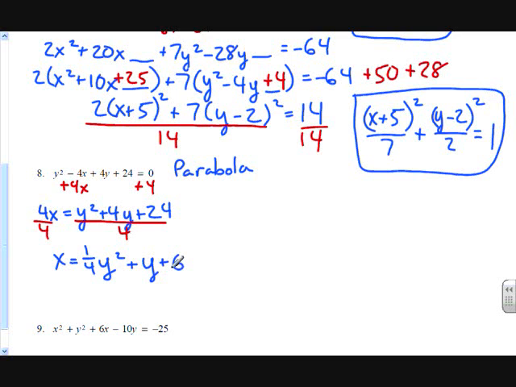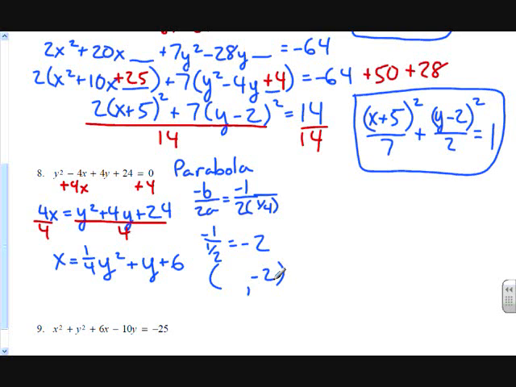And now from here, if I want to find the vertex, I've got to do the opposite of b over 2a. So the opposite of b would be a negative 1 over 2 times a, which is 1/4. So that's a negative 1 over 1/2, which is a negative 2. That gives me the y value for my vertex.